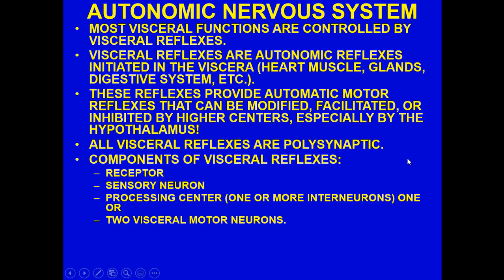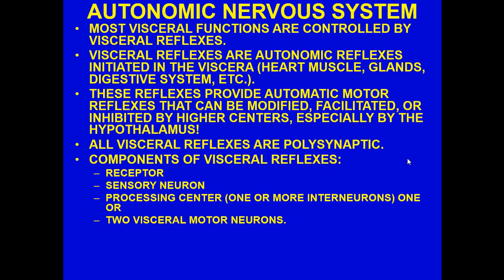Now, most visceral functions are controlled by visceral reflexes. Visceral reflexes are autonomic reflexes initiated in the viscera, the heart muscle, glands, digestive system, etc. These reflexes provide automatic motor reflexes that can be modified, facilitated, or inhibited by higher centers, particularly by the hypothalamus. Remember, the hypothalamus is kind of like one of the key players in sympathetic and parasympathetic in the ANS.